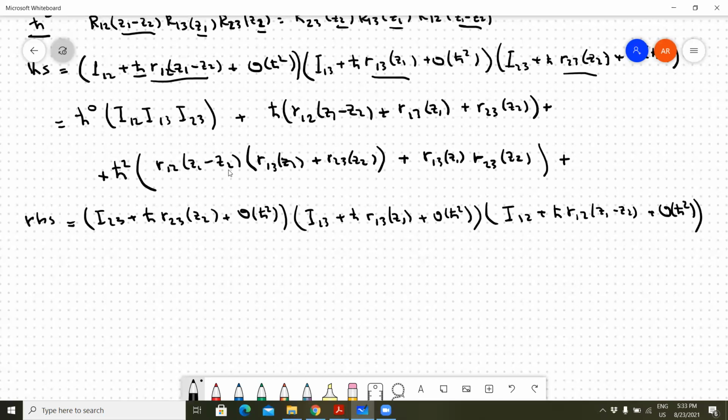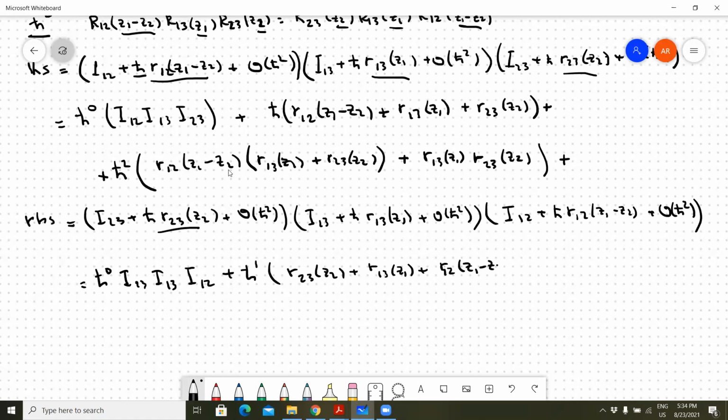Okay, so now again, in order 0, we have just these identities. In order 1, we have one of the R's multiplying all the identities. So we have R23 of Z2 plus... and now we need squared.